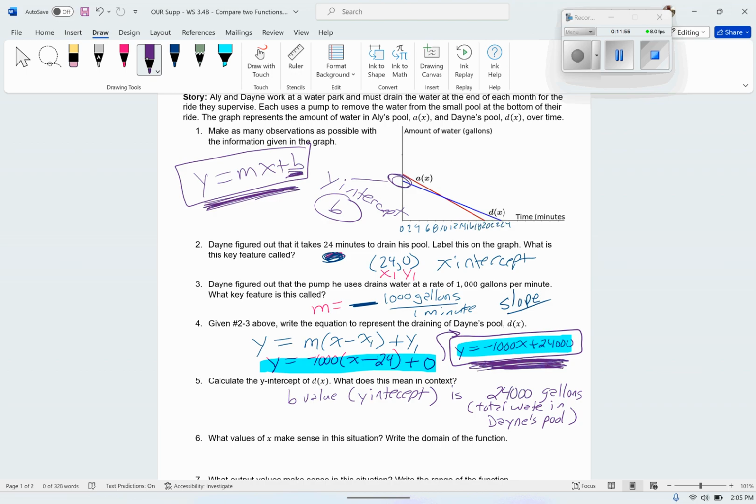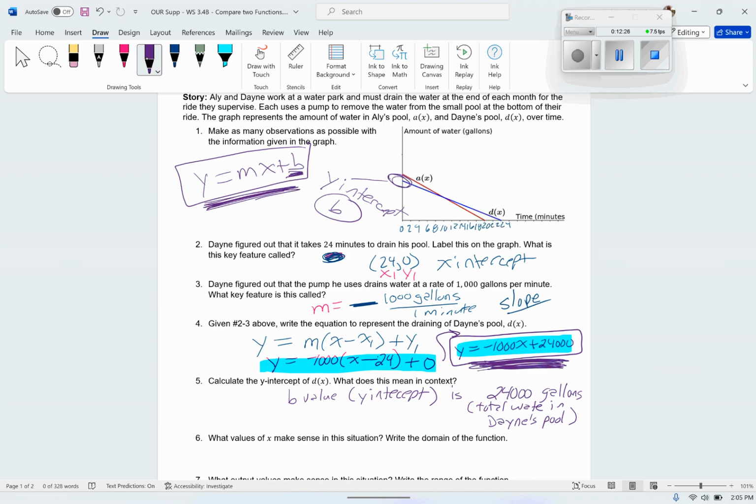All right. Okay, so far, let's review real quick what we know. We have two different people, Allie and Dane. They work at a water park. They have two different pools that they are draining. We figured out that Dane's pool is empty in 24 minutes. Once he turns on the pump and the water starts going out, it takes 24 minutes for the 24,000 gallons to go away.